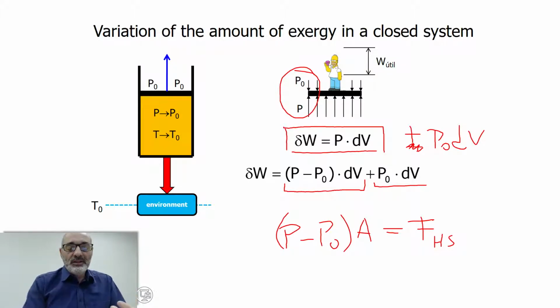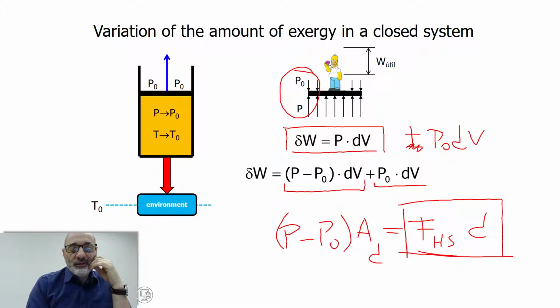So this is the resulting force. If I multiply this by the displacement d, this force applied on Homer Simpson times d is useful work.